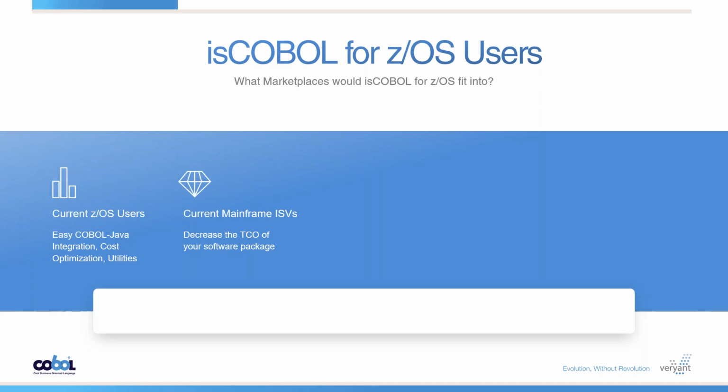Another group that would benefit from isCOBOL for zOS are current mainframe ISVs. They can decrease the TCO of their packages by using the zIIP for their existing and new COBOL applications. Consulting companies that specialize in mainframe capacity management or cost optimization services can help their clients leverage these benefits.